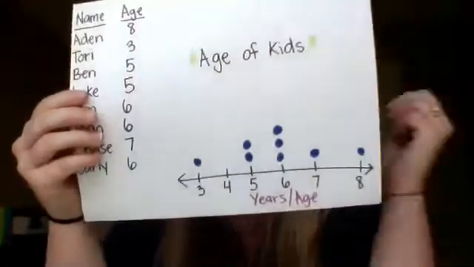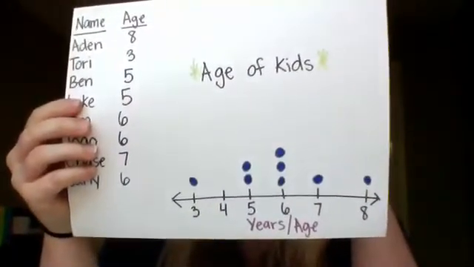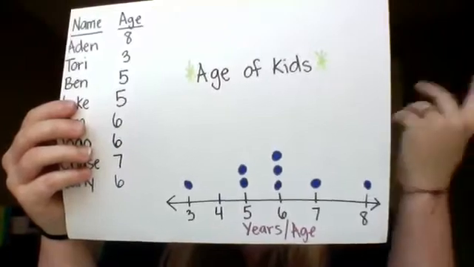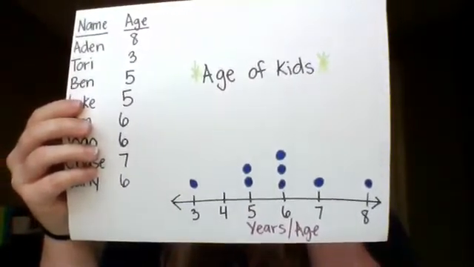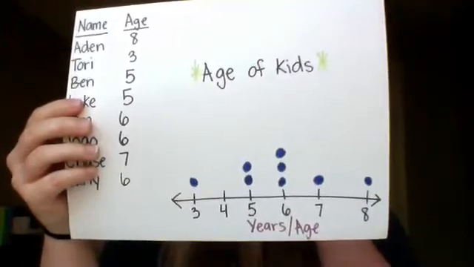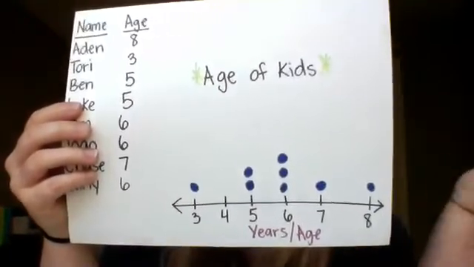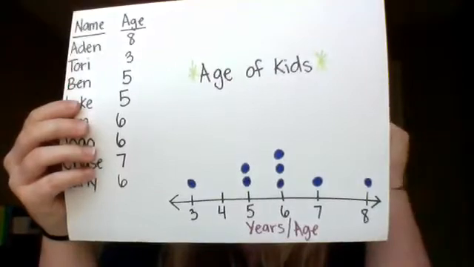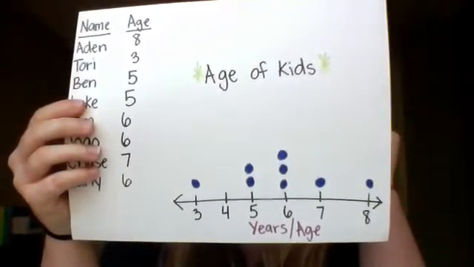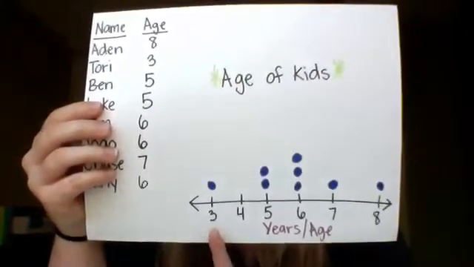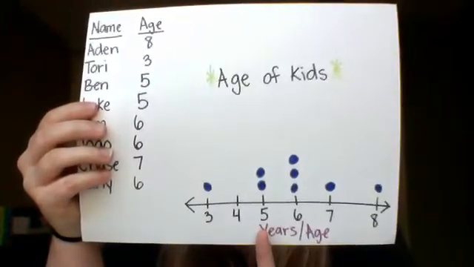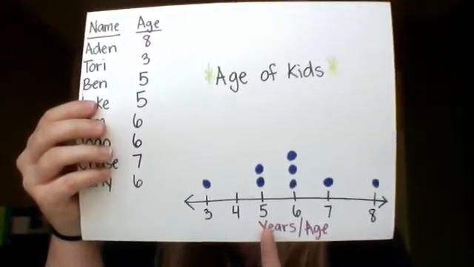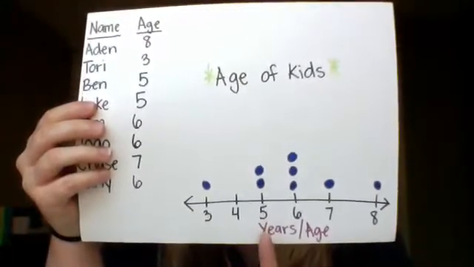If I had a question that said, how many students or how many kids are older than the age of 5? So I need to find age 5. Here's 3, 4, here's 5. Now my question was older than 5. So am I going to count 5 if they're older than 5?